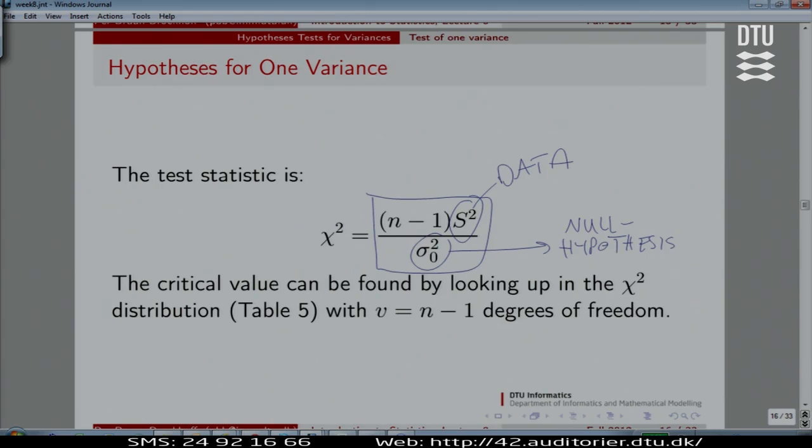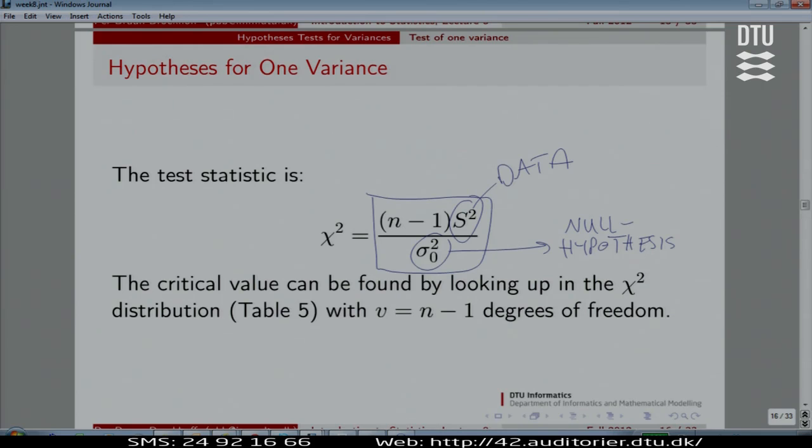We simply see how much larger the variance is than the claimed, hypothesized variance, and to make it something that we can measure from a probability theoretical point of view, we multiply it by n-1, because the theory tells us that this is the one behaving like a chi-square. So it's just a technical scaling such that we know how it behaves.